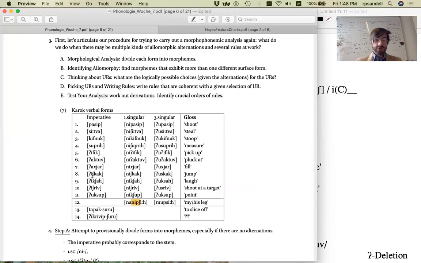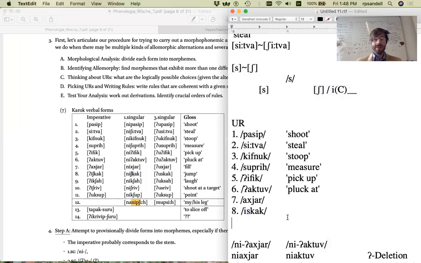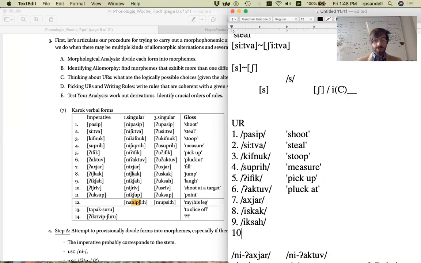Remember, we see a sh here in the imperative form and the first singular form, but that is due to our process of s palatalization. The underlying form for number 9 would be iksa. For number 10, it would be isriv. And for number 11, uksup. So it means there's a contrast between glottal stop initial stems and vowel initial stems.